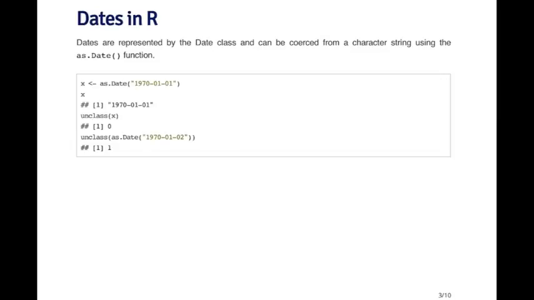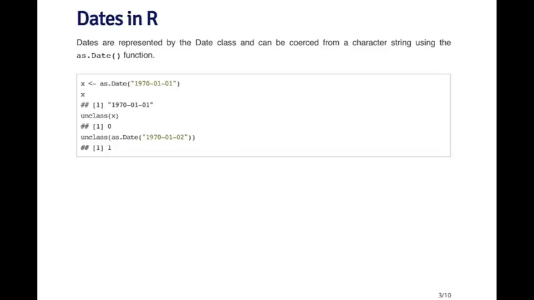And you'll notice that if you print out this object, you'll get something that looks like a character string. Now, it's not actually a character string, but it will print out that way because there's a special print method. Now, if I unclass the object here, you'll see I get the number 0. Remember, because the dates are stored internally as the number of days since 1970 January 1st, and since 1970 January 1st is 0 days from that point, you'll get 0.